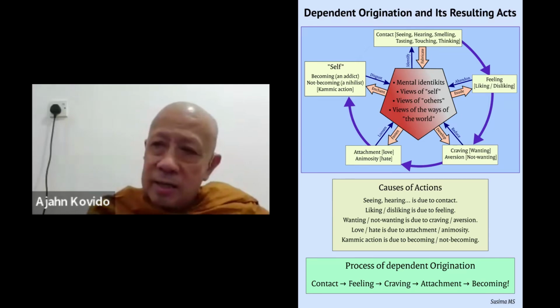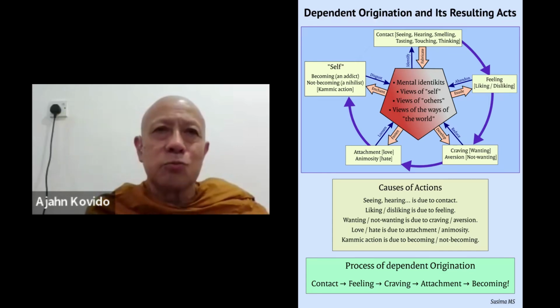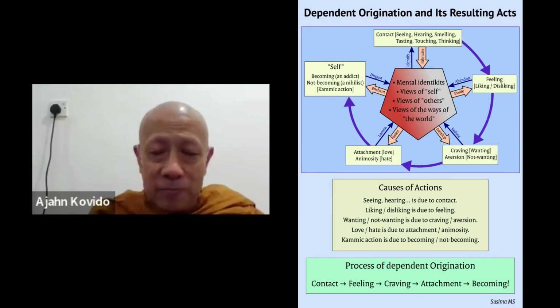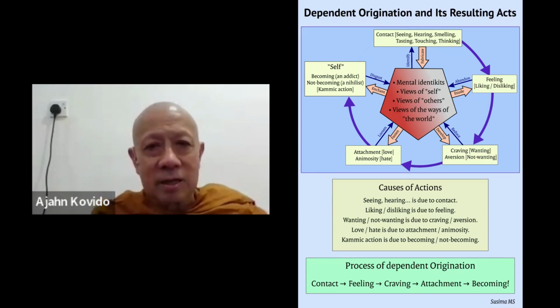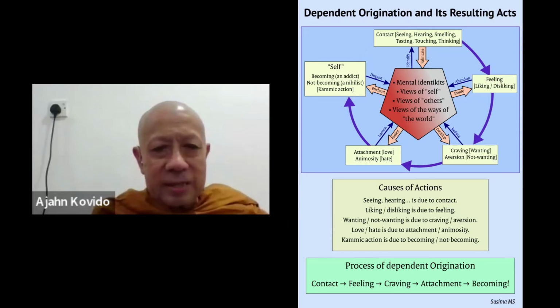If you create the mental identity of a person you don't like, then as soon as you have visual contact of that person, the feeling from that mental identity arises. You don't have a choice. It is a result of the mental identity that you have created.